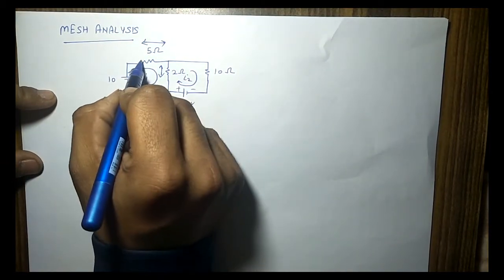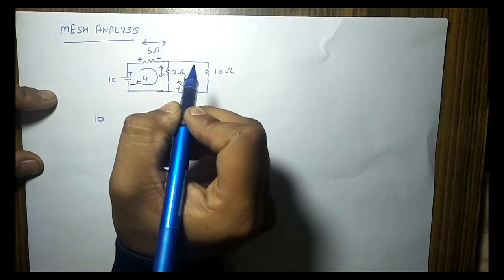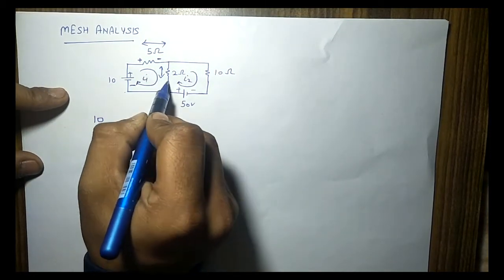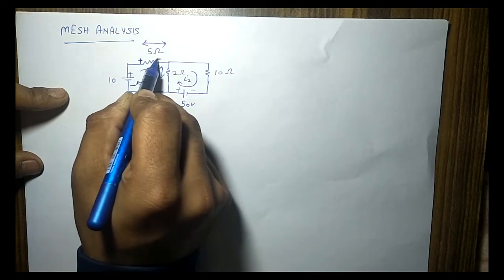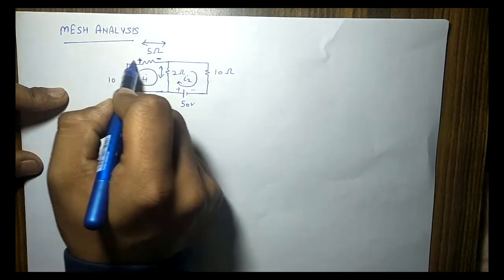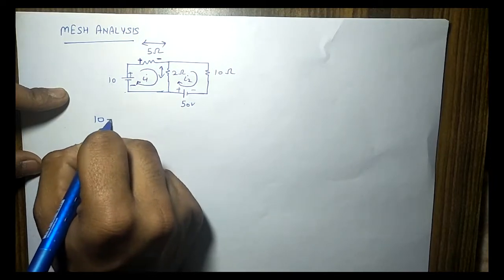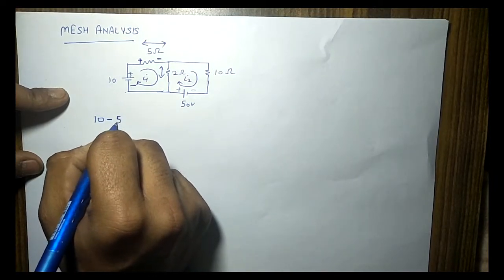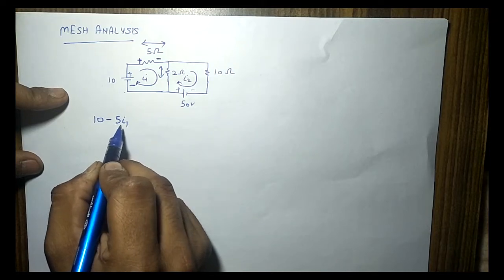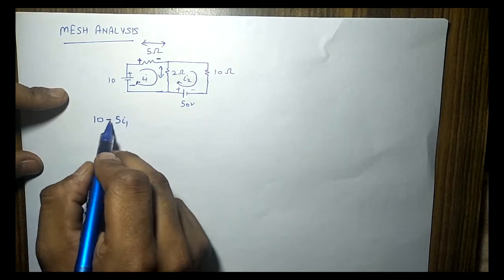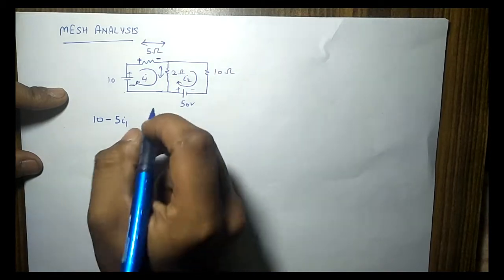So this is positive, this is negative, and the current is flowing in this path. I am going towards the negative sign, so I will take it as minus 5I1. V is equal to IR, current into resistance, so it is the voltage drop across the 5 ohm resistor.